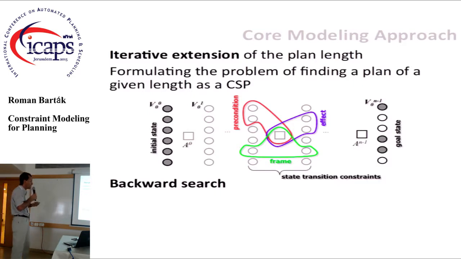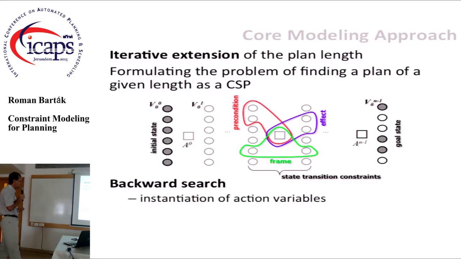And then how we can do the search procedure. So it's better to use backward search because we can follow the fail first principle. And the number of actions that are relevant to the goal is usually smaller than the number of actions applicable to the initial state. So based on the fail first principle, it's better to start instantiation of variables in the backward direction.